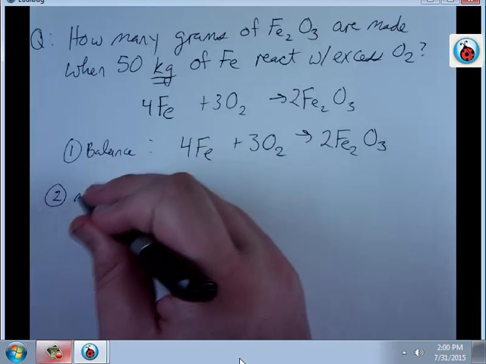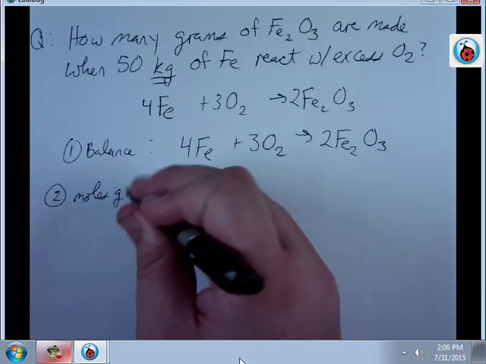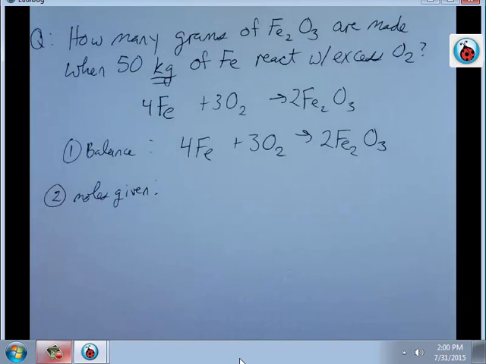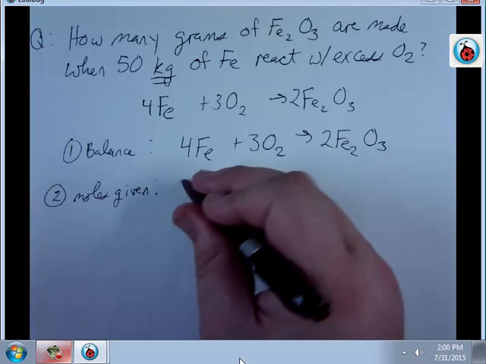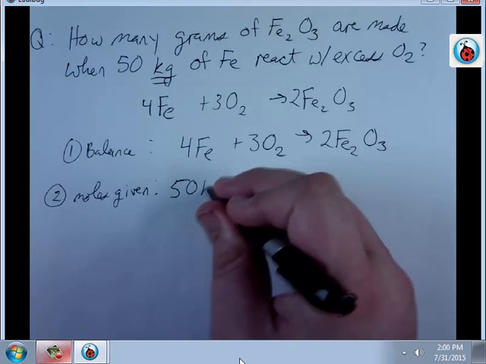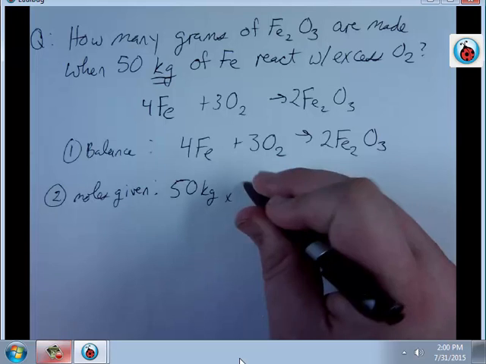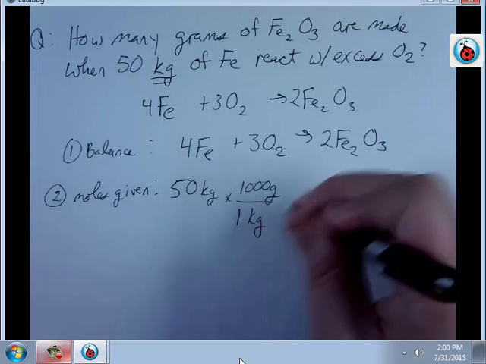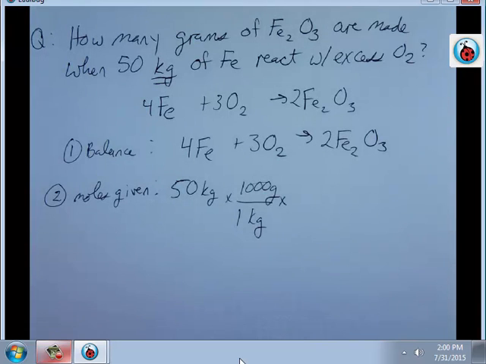Now, moles given. Only trick with this one is because I have 50 kilograms, I need to go to grams. Times 1,000 grams for every kilogram. Times, now I go to my periodic table.